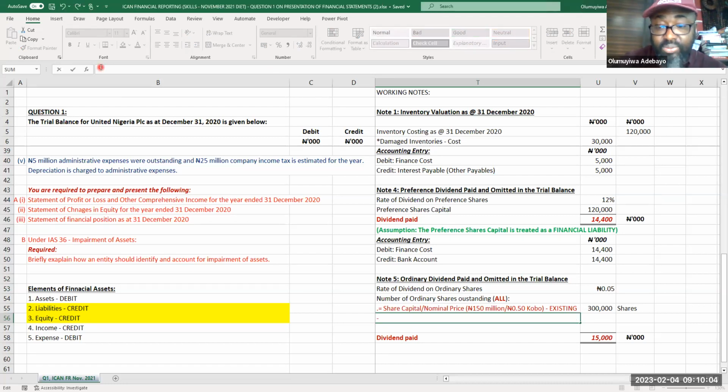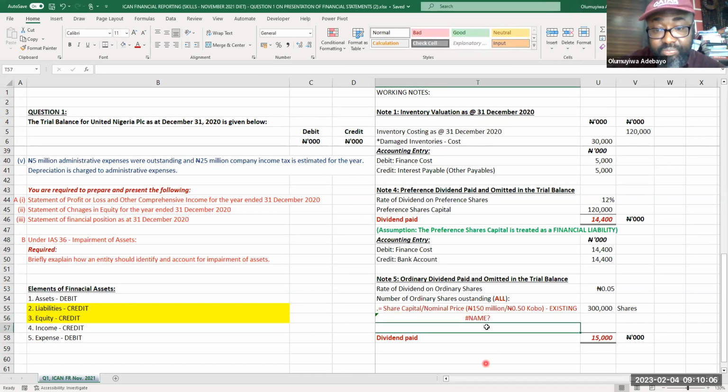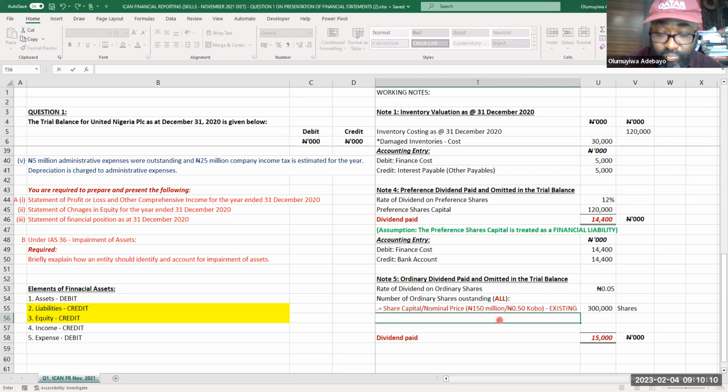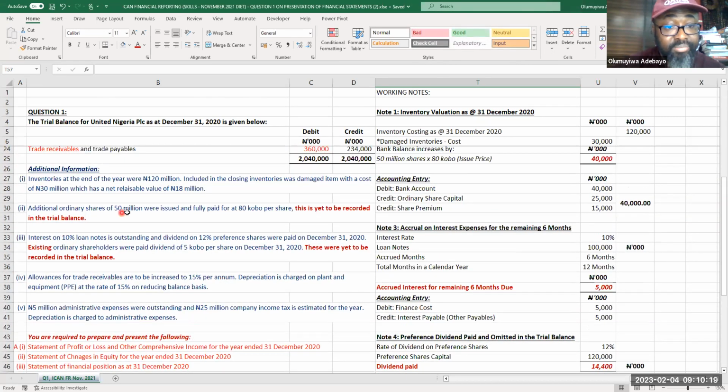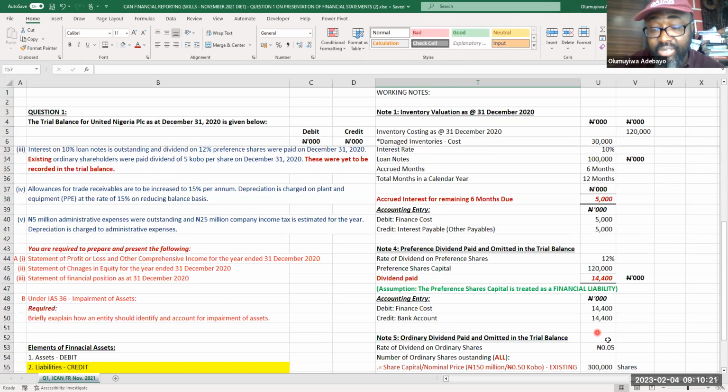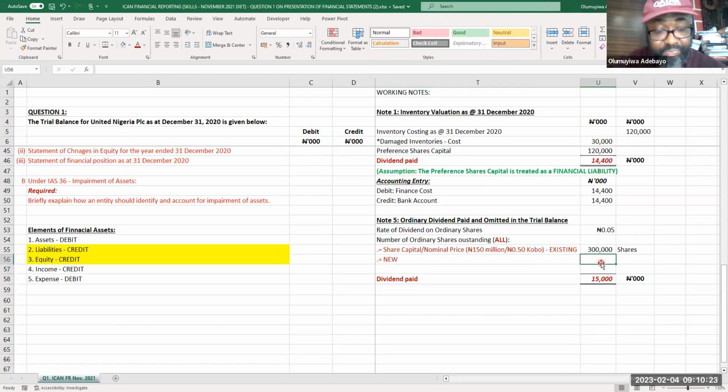For new, remember, for new, we're given the number of shares here, 50 million. Therefore, I'll add 50 million there.